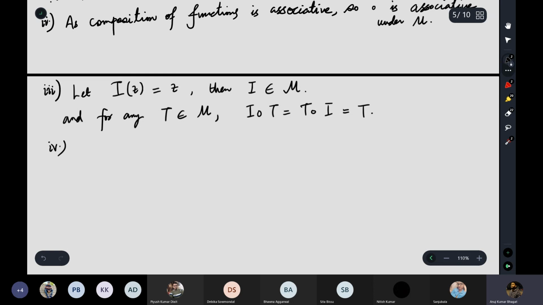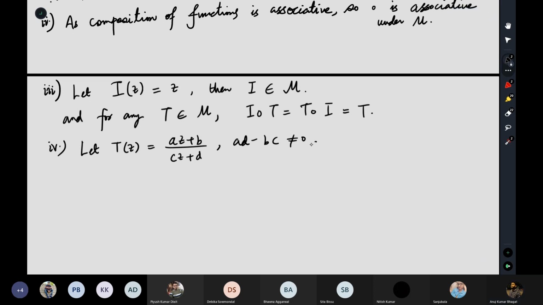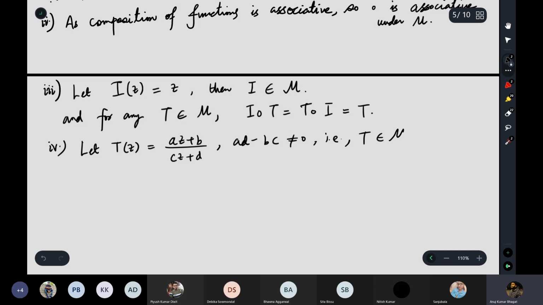And number 4, the existence of inverse. So define the inverse transformation. Let T(z) be (Az plus B) by (Cz plus D), where AD minus BC is non-zero. That is, pick any member from M. You have to find the existence.